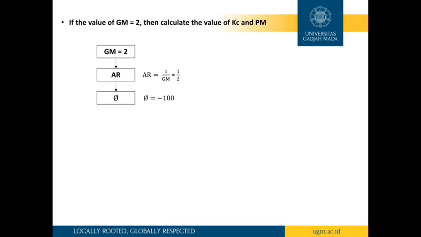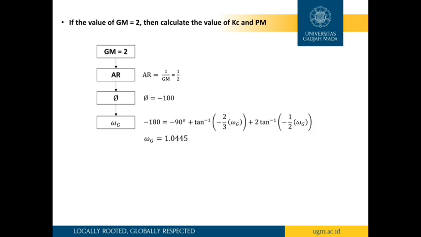Next, we can also insert the phase equal to minus 180 degrees, and we can know the omega G by solving the phase equation with minus 180 as the phase value.